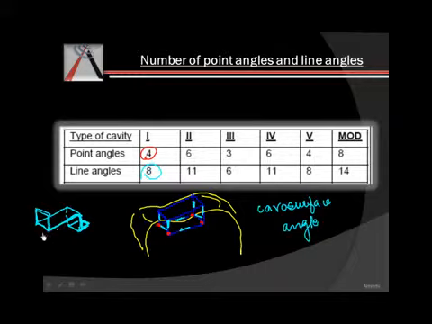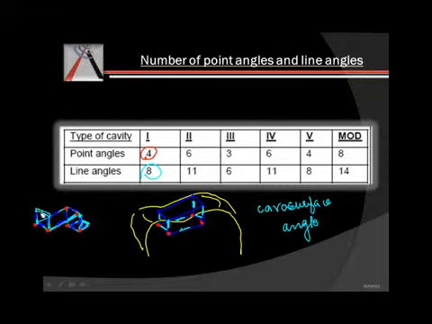If you start counting the point angles, what you have is 1, 2, 3, 4, 5 and 6. And if you count the line angles, what you get is 1, 2, 3, 4, 5, 6, 7, 8, 9, 10 and 11.